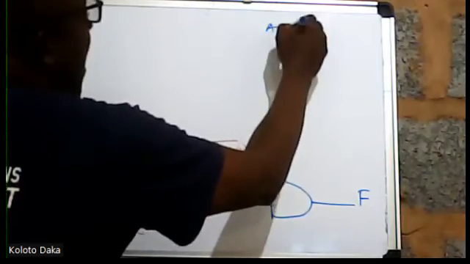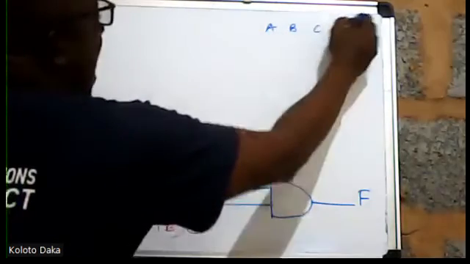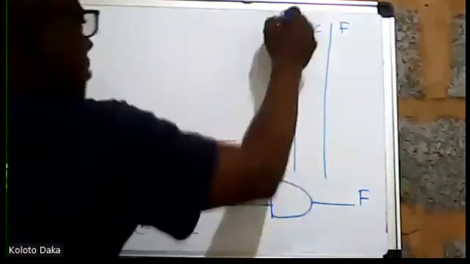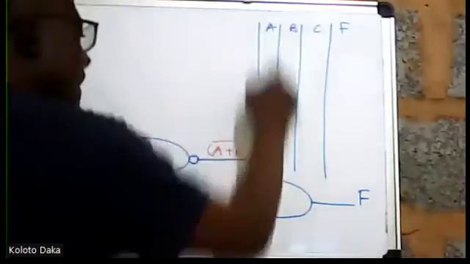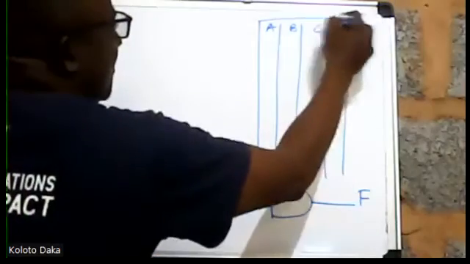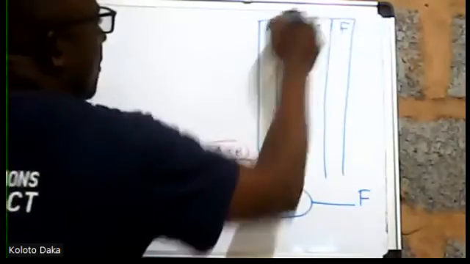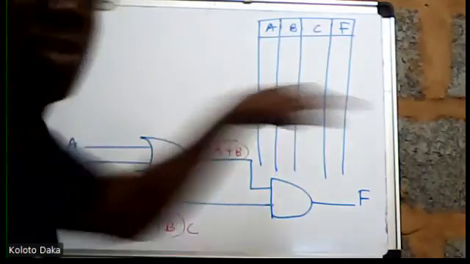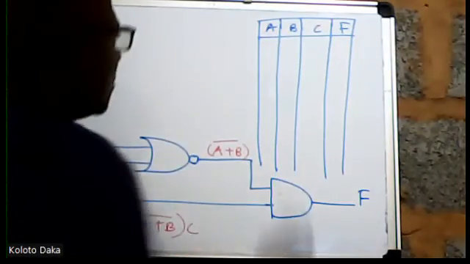We are going to have A, B, C, and F, where F is our output. These are columns. The rows, the horizontal ones, must be 8 lines.